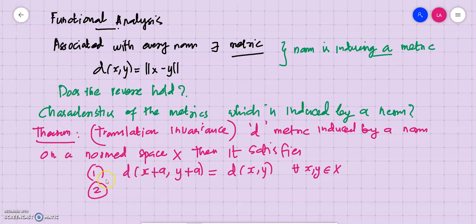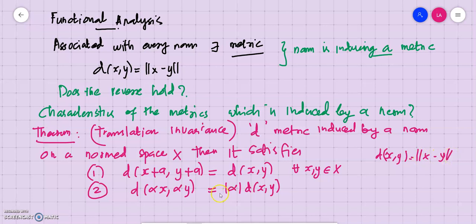The second condition is d of alpha x, alpha y is the same as modulus of alpha times d of x, y, where alpha is a constant in the underlying field on which the norm is defined. So if you multiply the points x and y by a number alpha, a real or complex number, and take the metric induced by the norm, d of x, y equal to norm of x minus y, then it is the same as modulus of alpha times d of x, y.